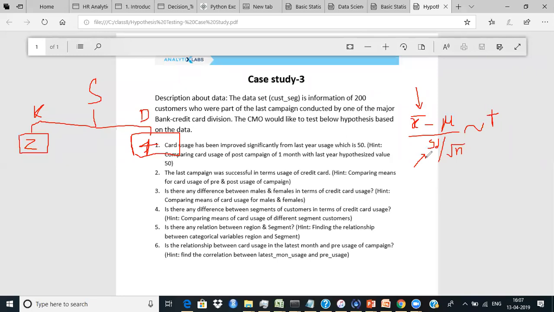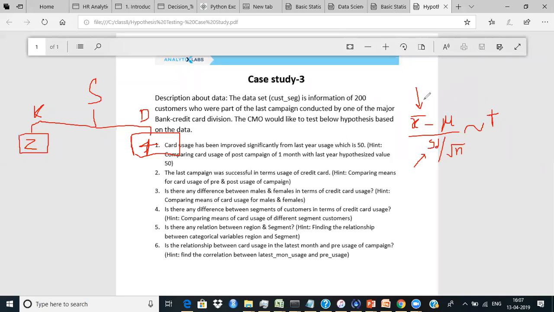So when you square a normal distribution, what happens? You get chi-square, right? And you take a square root of that, and in the numerator you have normal. So normal divided by the square root of chi-square gives you a T distribution. Make sense? Numerator is normal, denominator is the square root of the square of normal. So this becomes a T distribution.